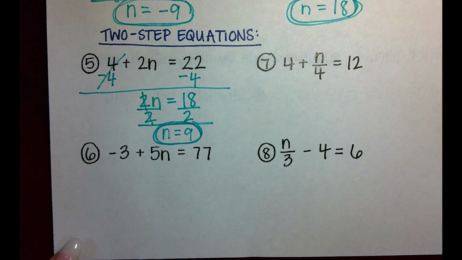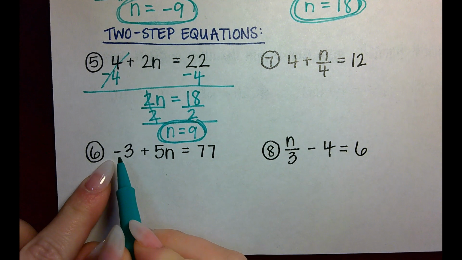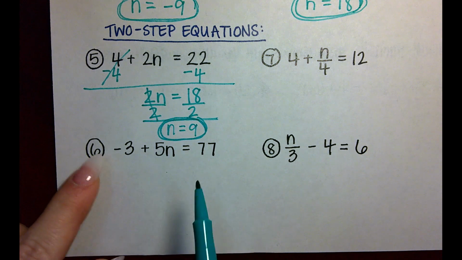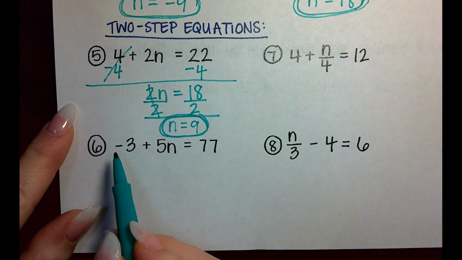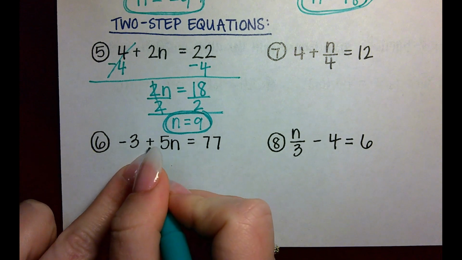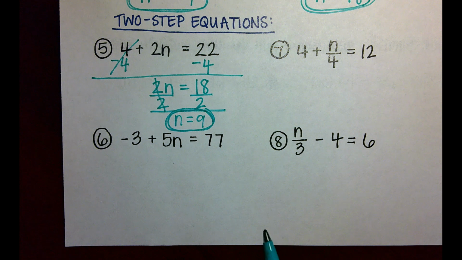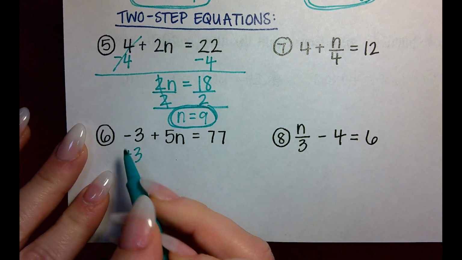If I add -3, this will turn into -6 because I'm starting with -3 plus 5n. So really, we are subtracting -3 from both sides. So what's really going to happen is we're adding 3.